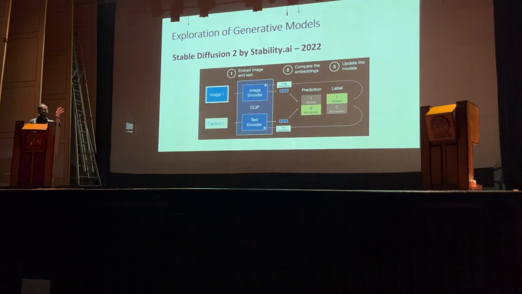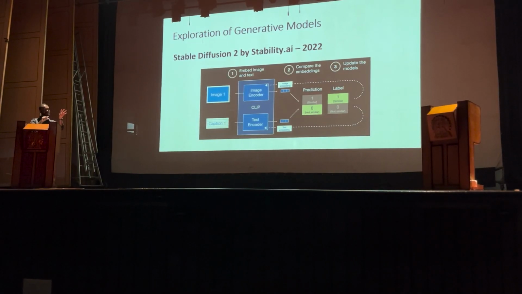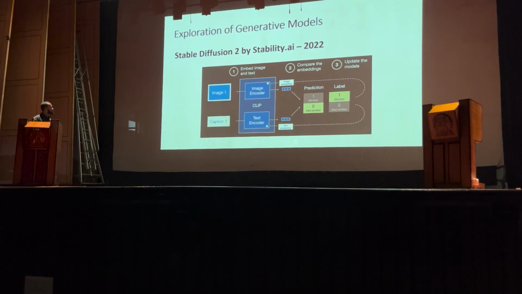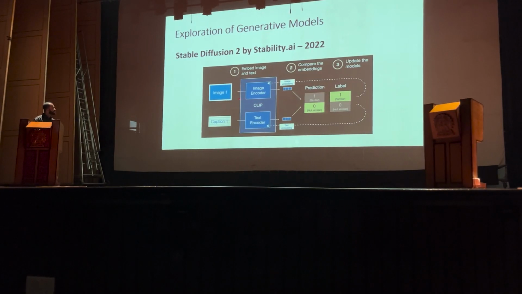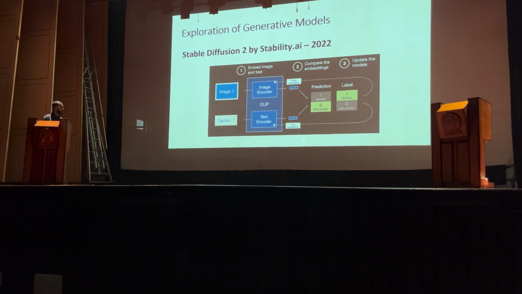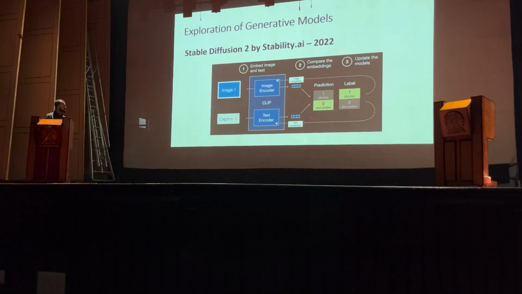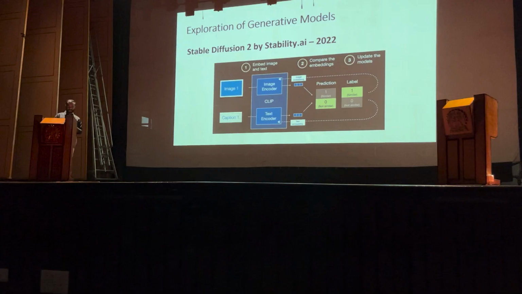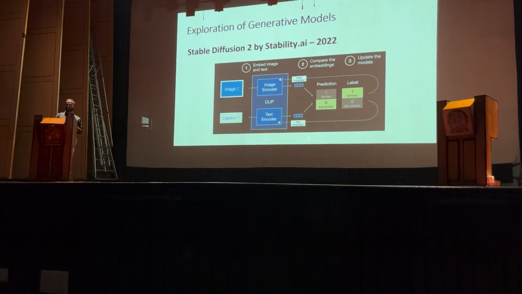So you have an image, and then you have a corresponding caption that gives a context on what exactly that image is. You generate embeddings for the image as well as for the text, and then you use that to compare the embeddings, and then you keep updating them. That is how this model works on the top.